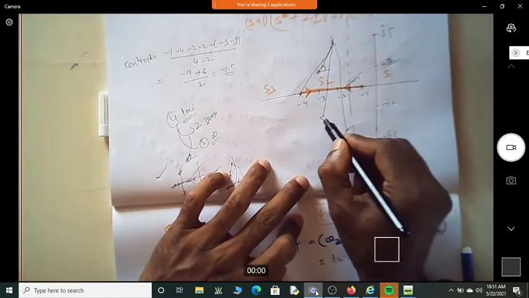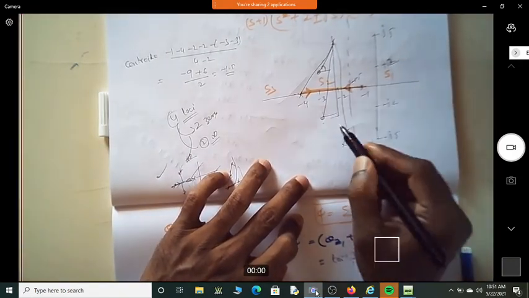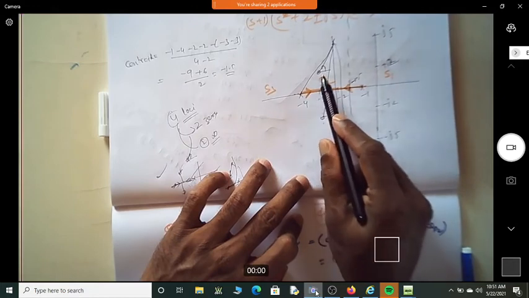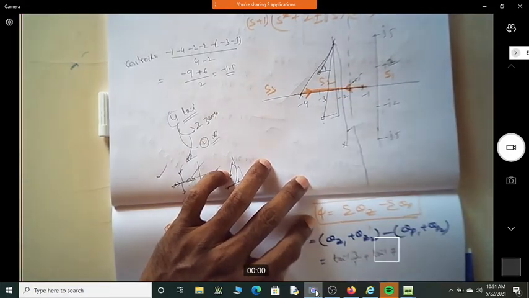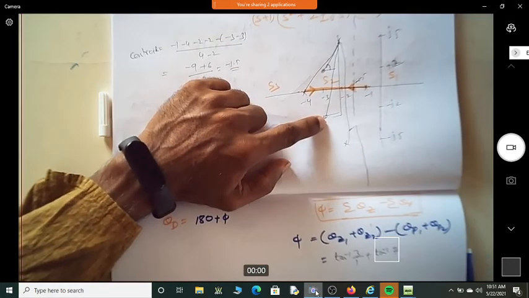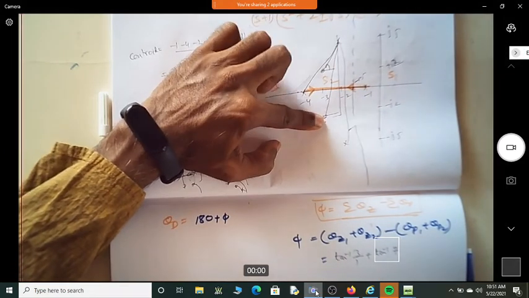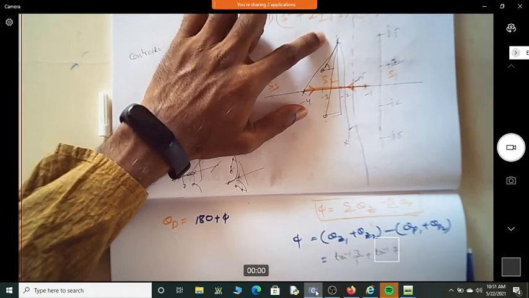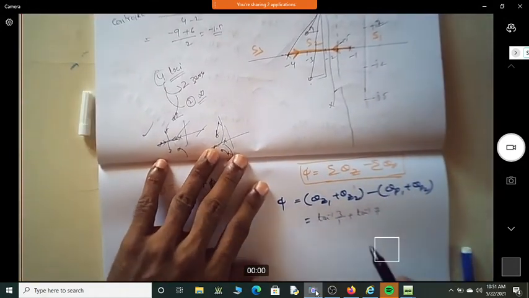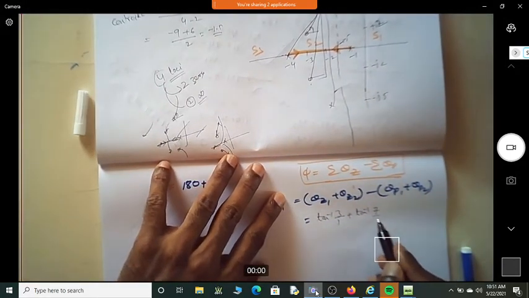What is the height from here to here? Is it not 2 plus 2 plus 3, 7? We are at minus j2. We have to go to 5. It's totally 7 now. So that's why tan inverse of 7 by 1.